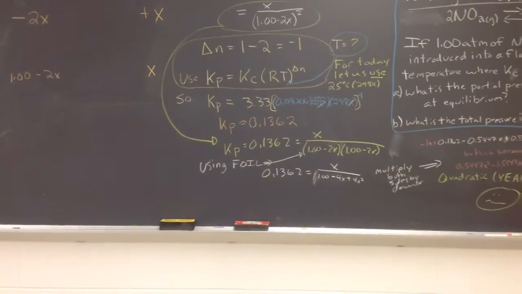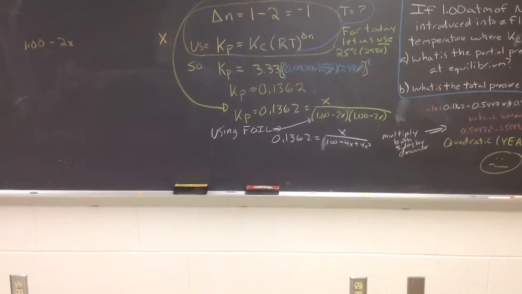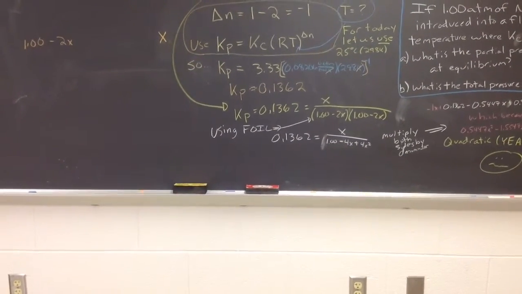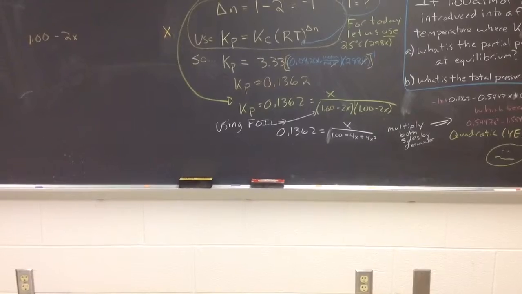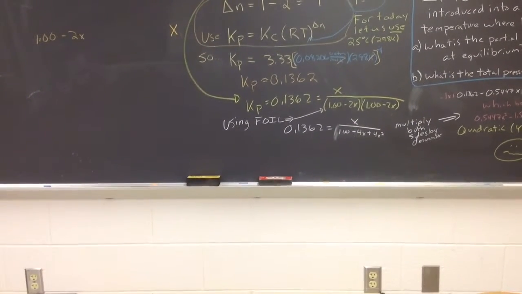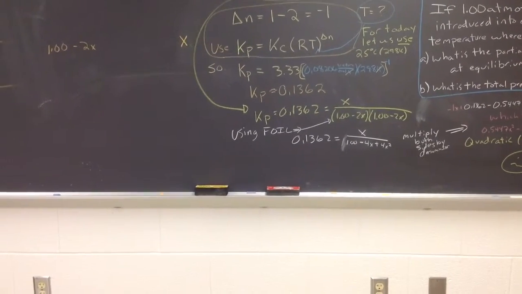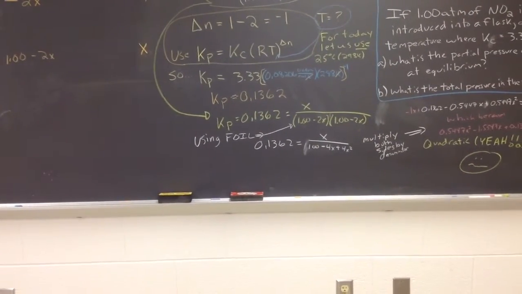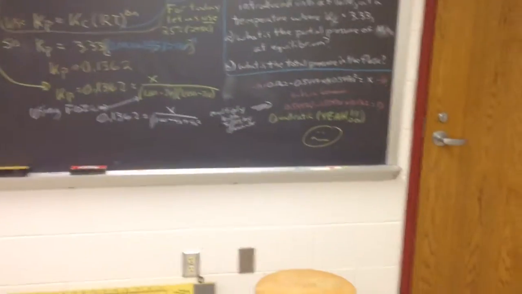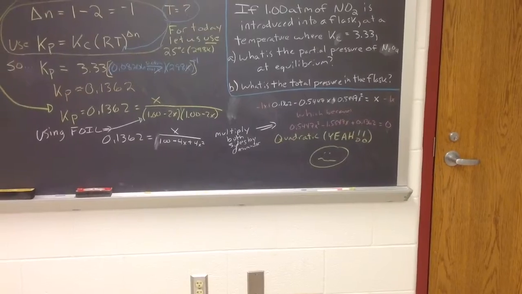Okay, coming back to this now. So if we FOIL here, we end up with this factor of 0.1362 equals x over 1 minus 4x plus 4x squared, by multiplying using FOIL, which you should remember. So, if we multiply both sides by the denominator, now we get this thing where x equals all this other stuff.